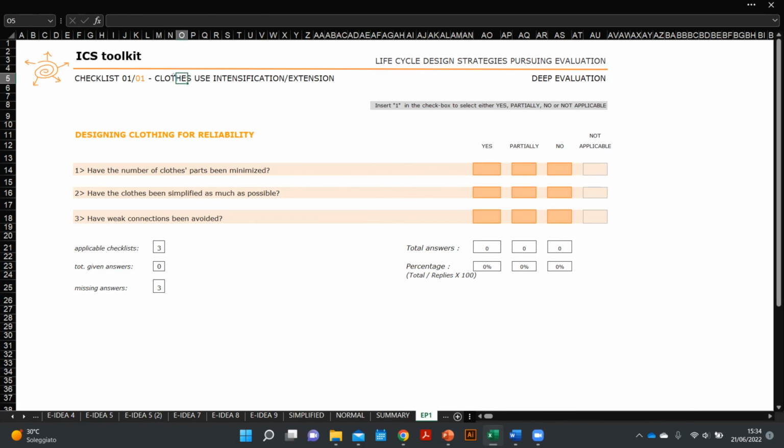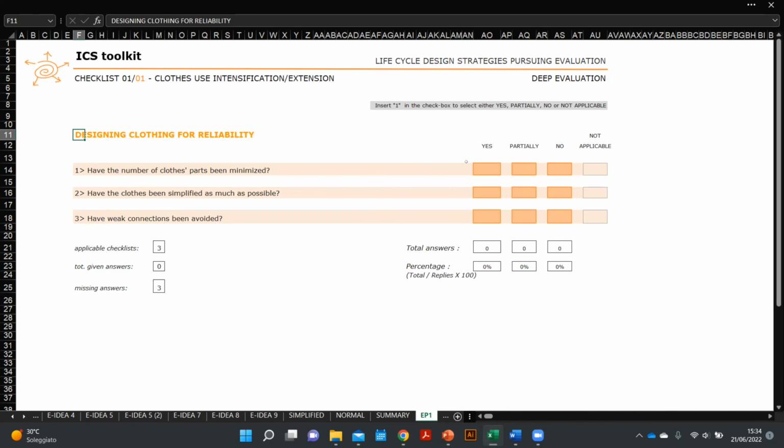The strategy is overall just a title, but what you are evaluating is not even the guideline. You are evaluating the sub guidelines, or no, sorry, let's say kind of sub guidelines, but made as a checklist, as a question. Okay, so have the number of clothes parts been minimized, have the clothes been simplified as much as possible, have weak connections been avoided, for example.